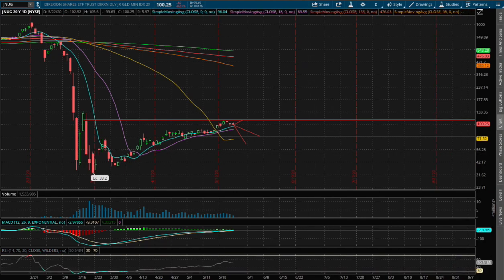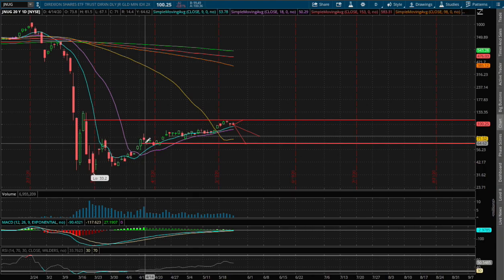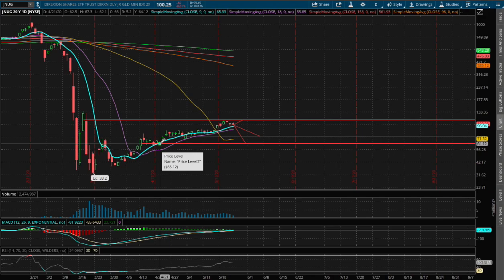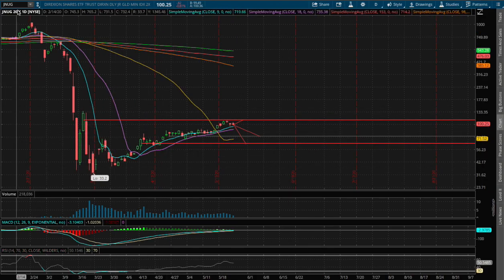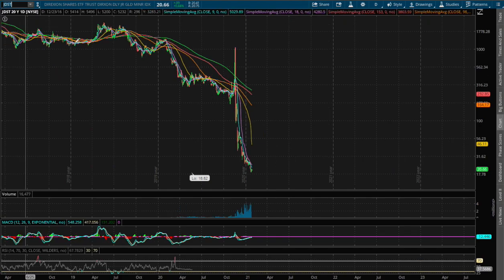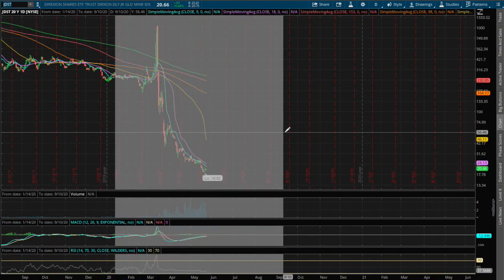We also see previous support levels around that range that even dated back to April 13th all the way to April 21st.